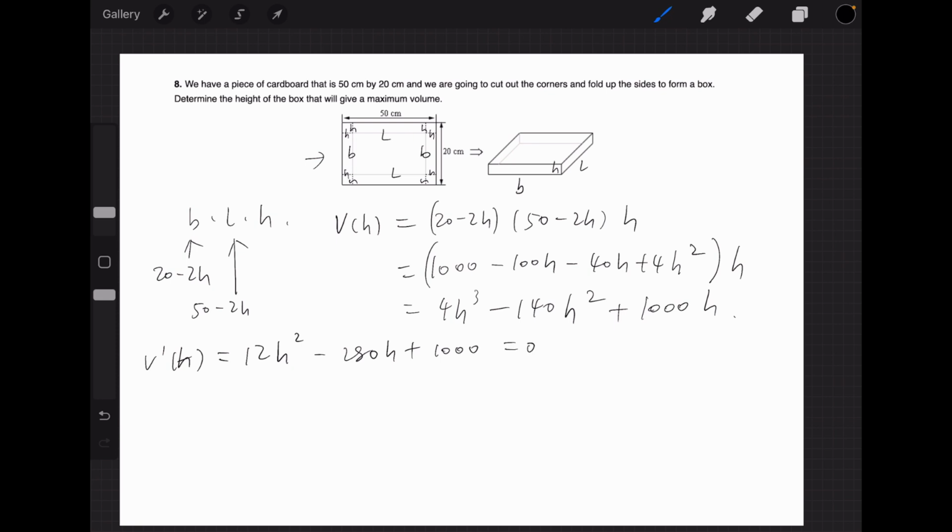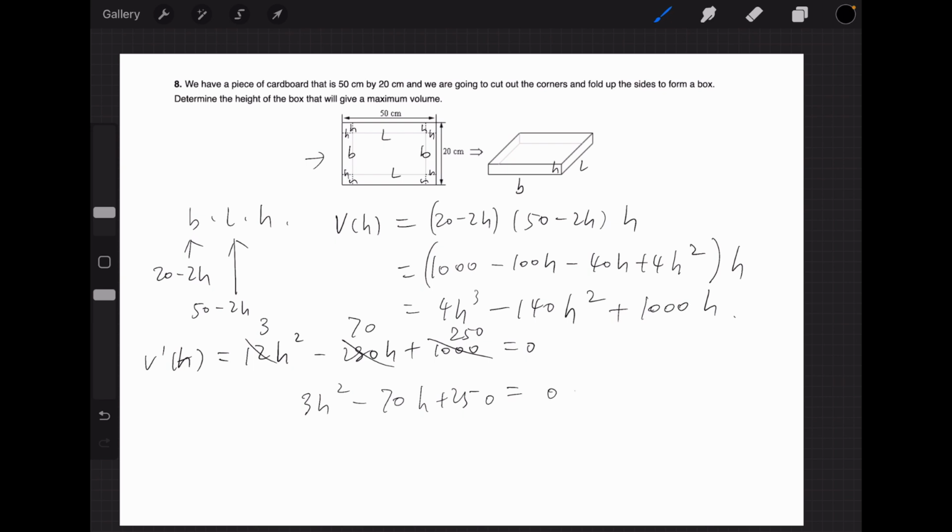Then we set it to 0 to find the critical points, and we get 3H squared minus 70H plus 250 equals 0.